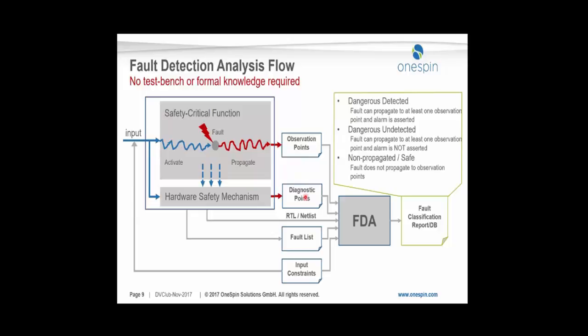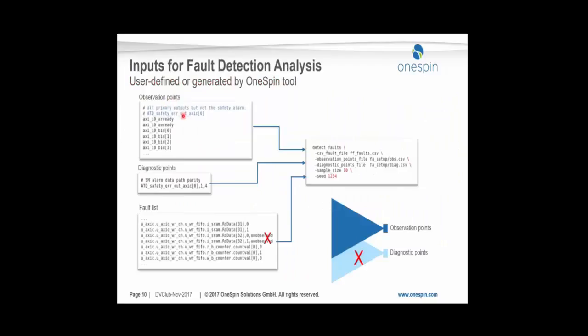So how does it look like in the real world? First of all, we defined our observation points, which are the output ports of the crossbar, without the safety lines, which we actually put into the diagnostic point.